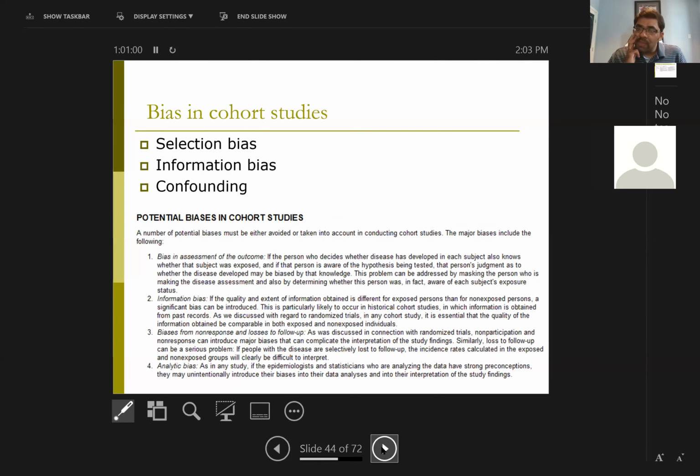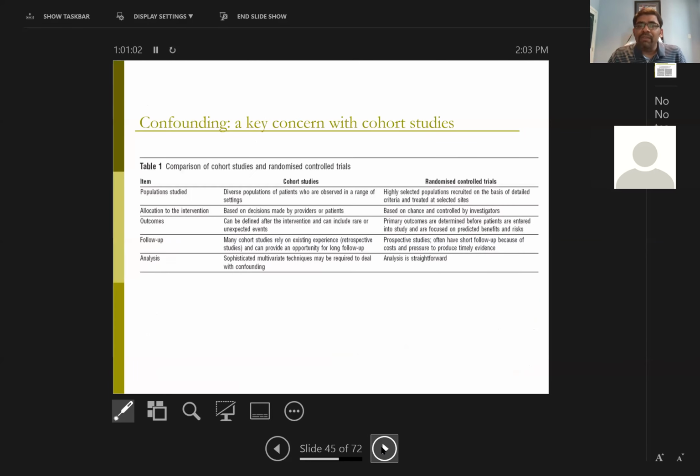Cohort studies can also suffer from many biases. I think we've already discussed some of them. Confounding is a massive concern in a cohort study, right? And that is a concern we rarely ever have in a randomized controlled trial. I just told you about this hydroxychloroquine observational study in New York. Confounding would have been the biggest issue they would have worried about, right?